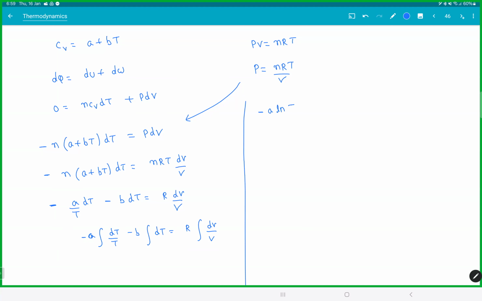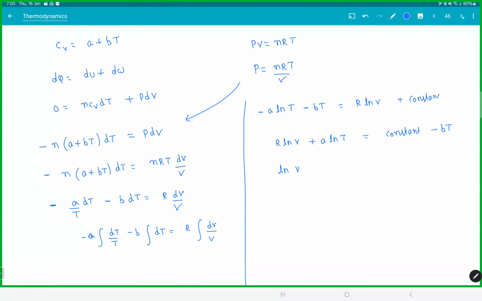This is minus A ln T minus BT equals R ln V plus some constant. Bring all the terms to this side: R ln V plus A ln T is some constant minus BT. Multiply by the minus sign, doesn't matter. Constant is any constant.